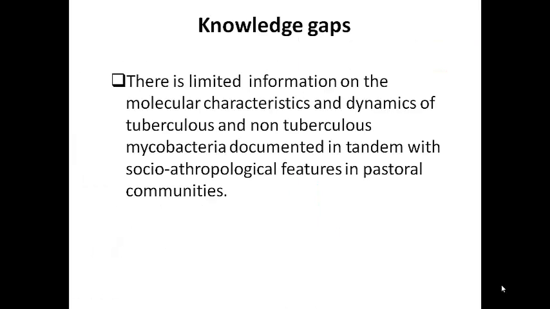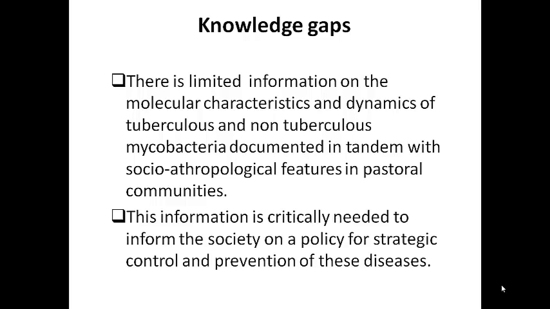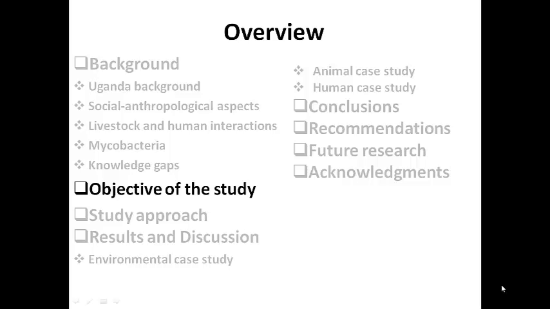But in Uganda, there is very little documentation of molecular characteristics of mycobacteria in tandem with social anthropological aspects that are believed to influence the epidemiological picture. And this information is critically needed to inform policy on designing strategic control and preventive measures in these areas.